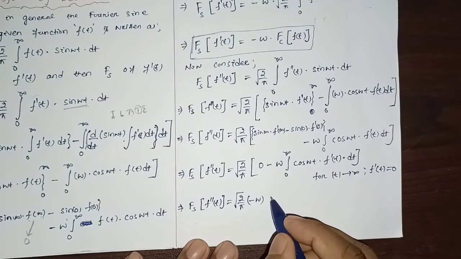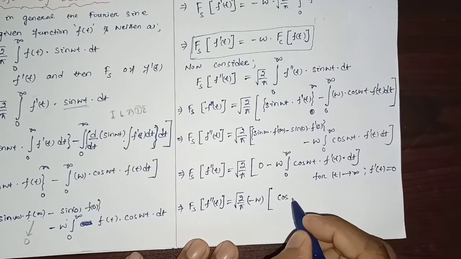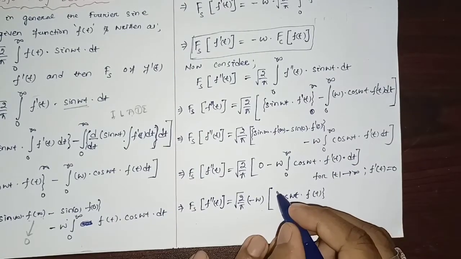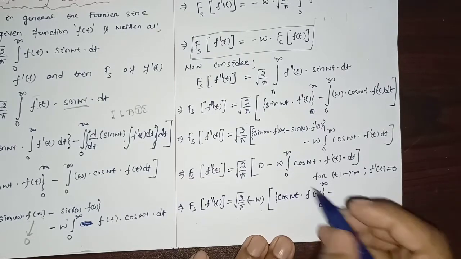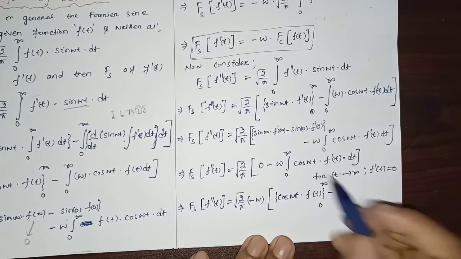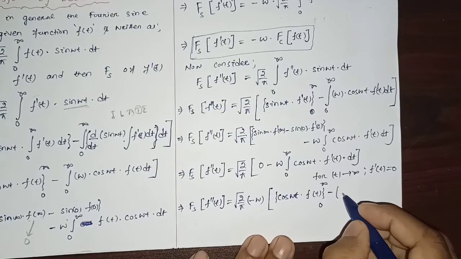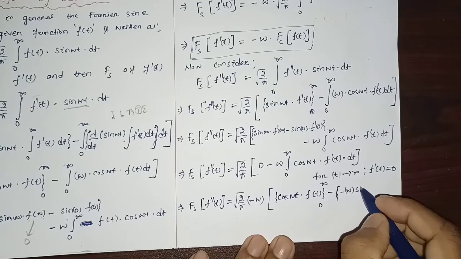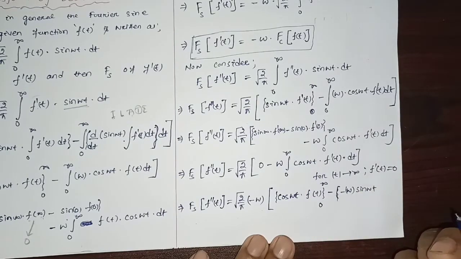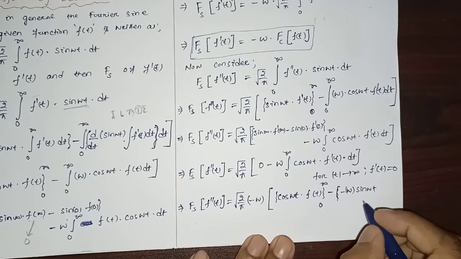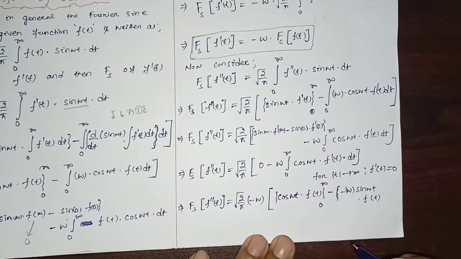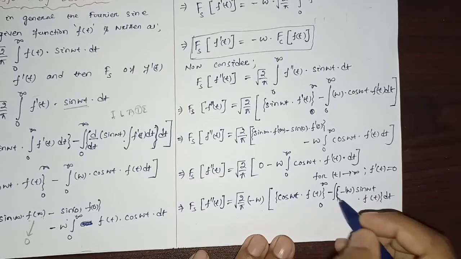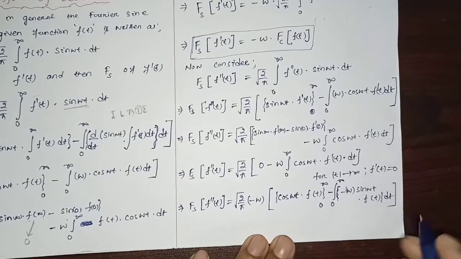So this will be the first function, cos omega t, and this is the second function, the integration of the second function will be f(t), with limit 0 to infinity, then minus the derivative of cos omega t, which is minus omega sin omega t, because the cos omega t derivative is minus sin omega t and omega is there, into f(t) integration, f(t) dt, and obviously the integration will be from 0 to infinity. Put it inside the bracket.